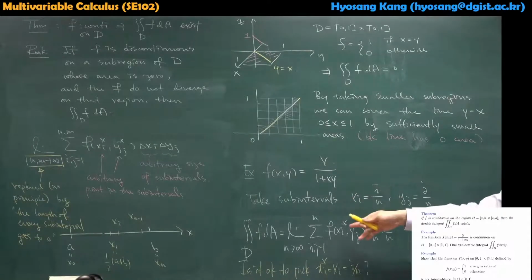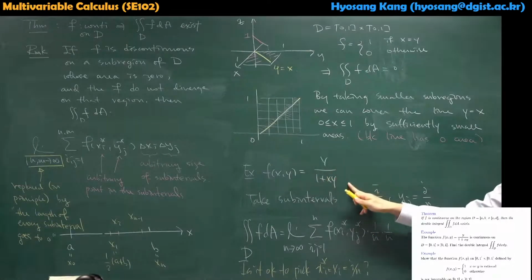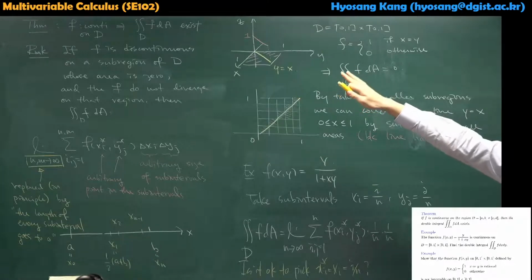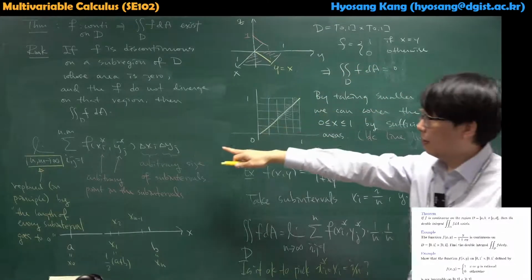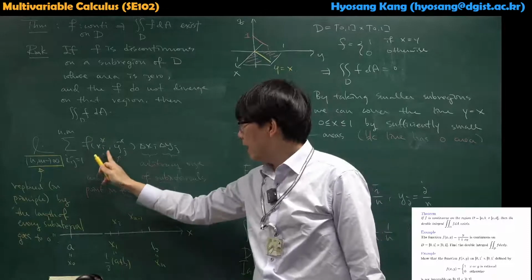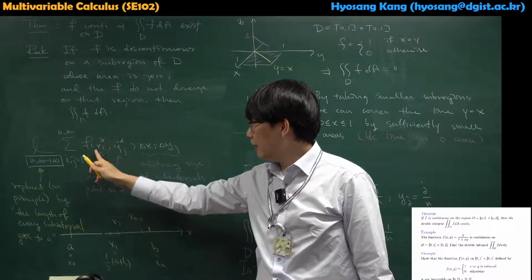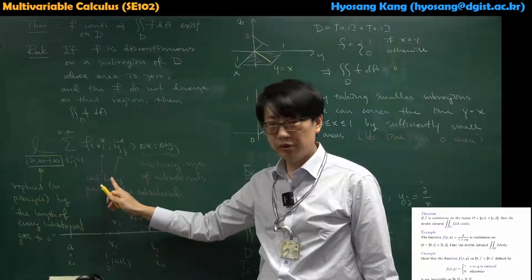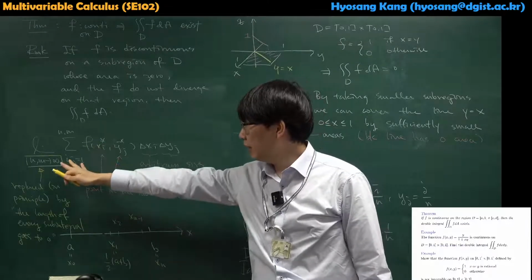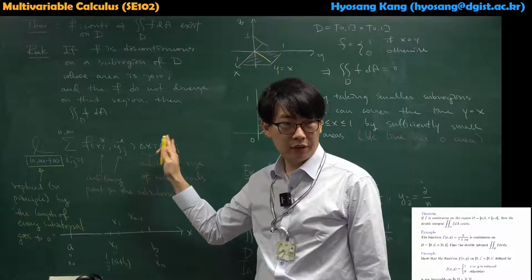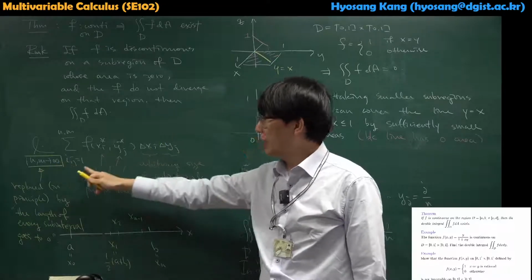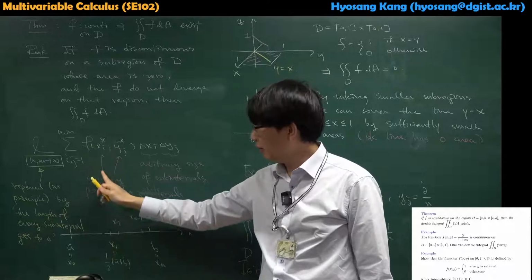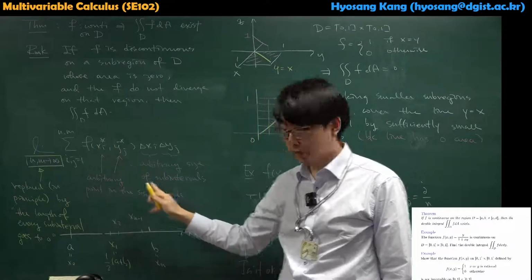The reason is, we know that this is continuous, and we know by the theorem the double integral exists. If it exists, then by definition it means that whichever point I pick in each subinterval, the limit must exist, and it must be all the same. So I can take any xi as long as it lies in the subintervals.